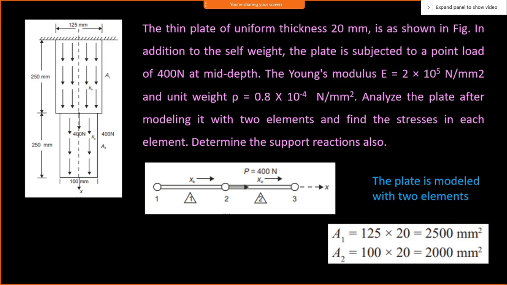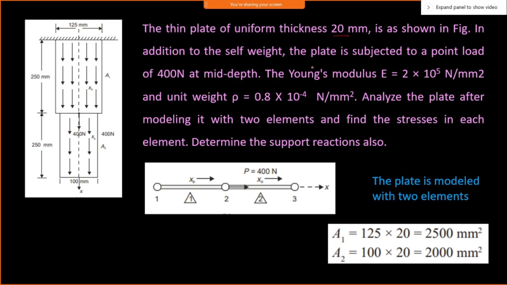Okay, so we'll solve a few examples. This example we will solve once again. This is a bar, fixed and applied with forces. It has a 20 mm thickness, and in addition the self weight is also there, because of its own weight it is going to deform.